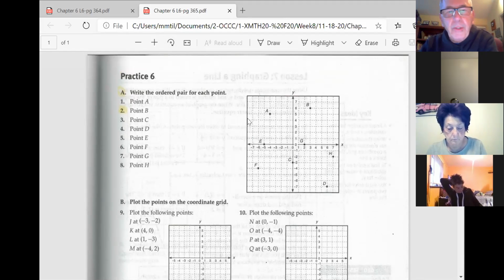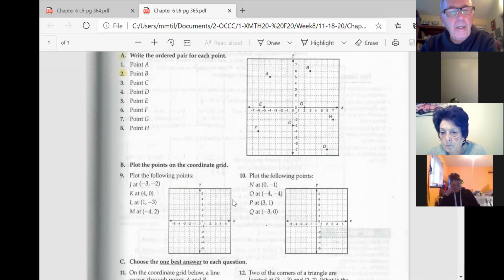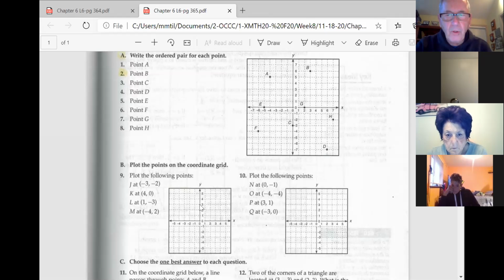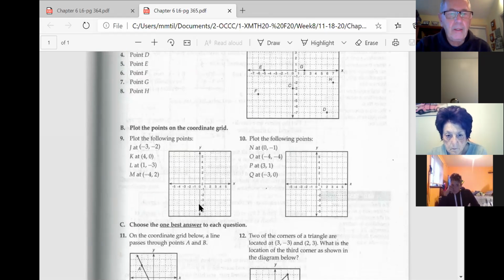Like point A, put it in terms of X and Y values. So A would be, the X value would be -4 and the Y would be 5. So it would be parenthesis -4, comma 5. That's how you write that for A. They actually give you the coordinates and you're to put them on the graph, right? That's all we're doing there, okay?